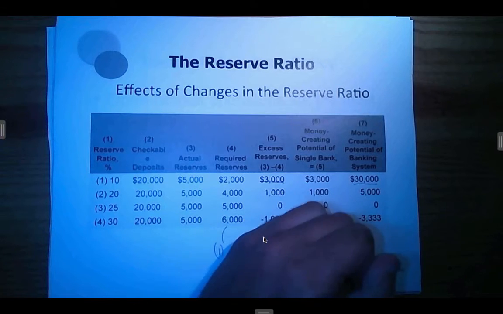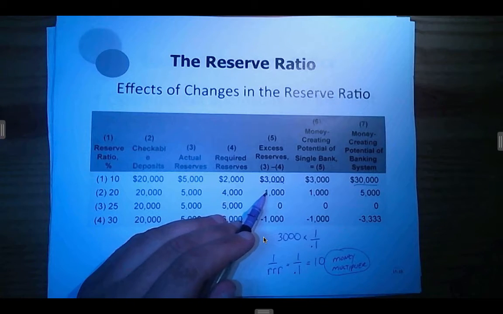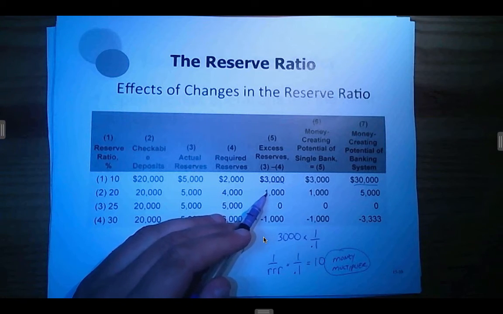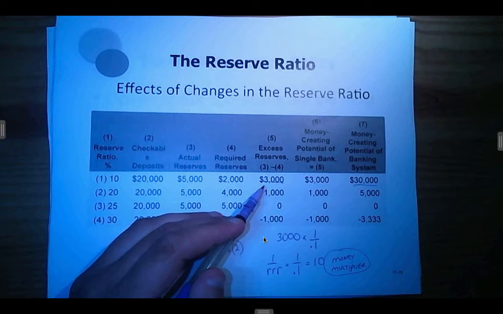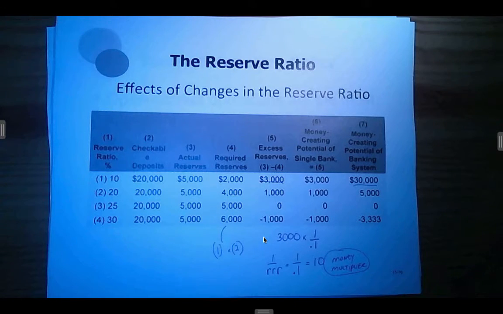Again, the money multiplier is what happens when all the banks start receiving the money. Let's just look at the first bank. The first bank gets this $3,000. The bank lends it out, someone gets a loan check, they deposit it. That would mean some other bank down the line is going to have a $3,000 loan check.